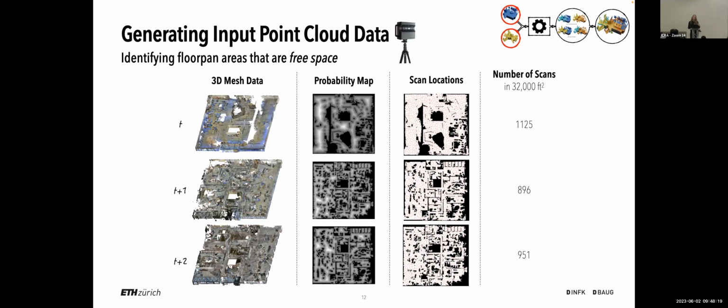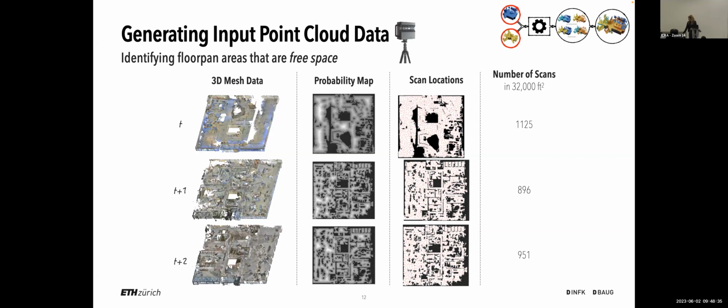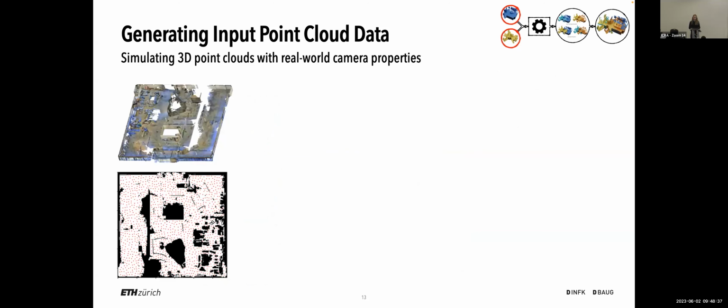Then we sampled many, many locations, as you see here. As I said, we followed the real world setting of how this device would work, essentially how much distance you could place in between the scanners, etc. So now we have many possible scan locations, right? The next step is to actually generate those RGBD point clouds around you, those fragments.